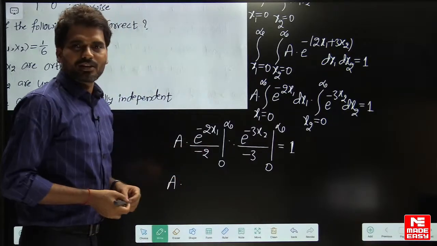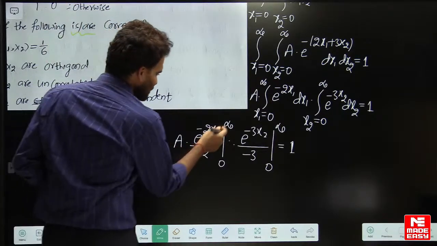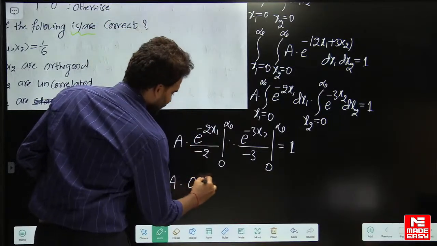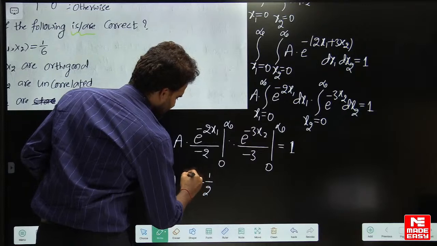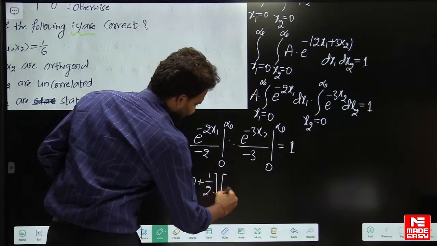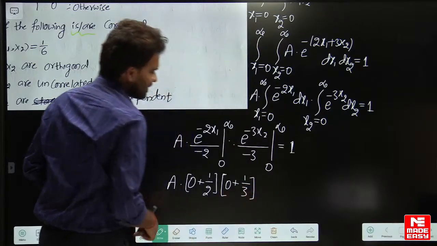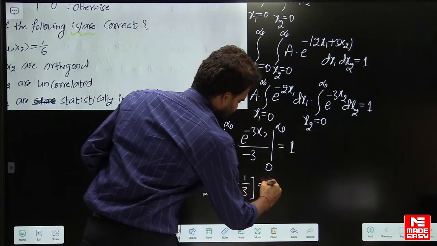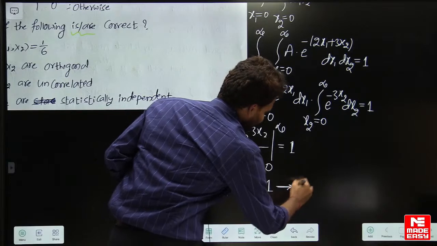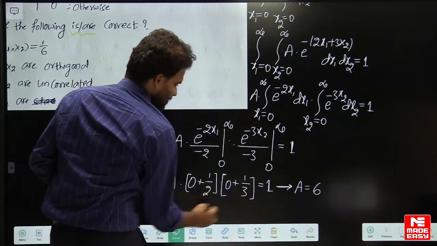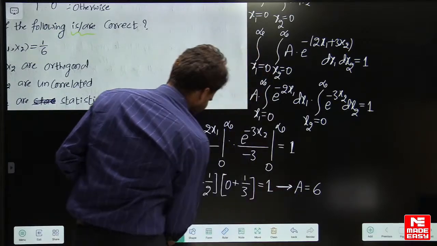If you substitute the upper and lower limits, the upper limit gives 0, and 0 minus of minus gives plus 1 by 2. And this is 0 plus 1 by 3. This equals 1. So from this, you will come to know the a value equals 6. This is how you can find the a value.